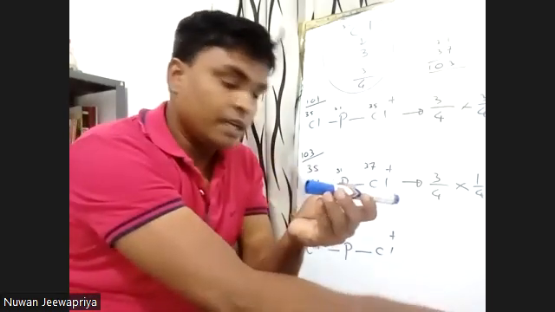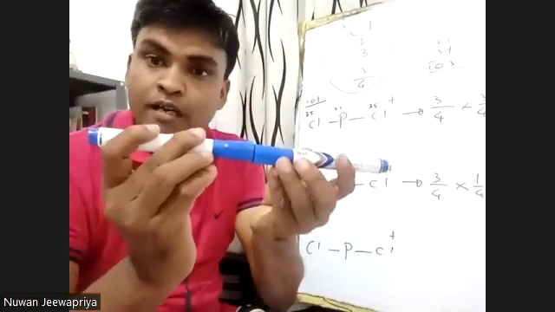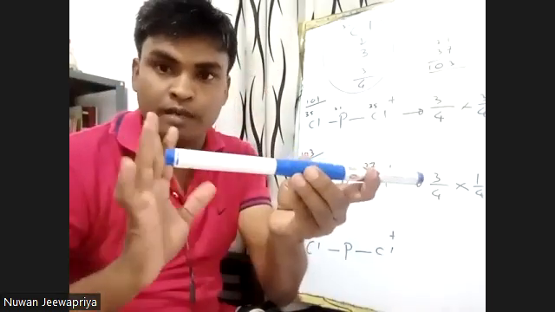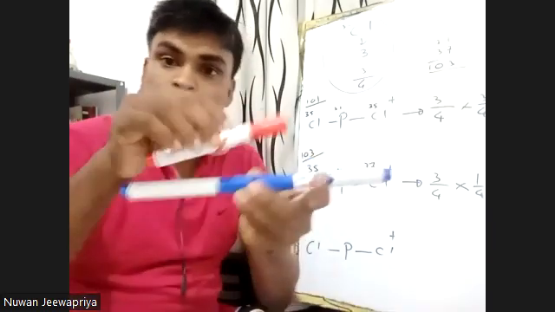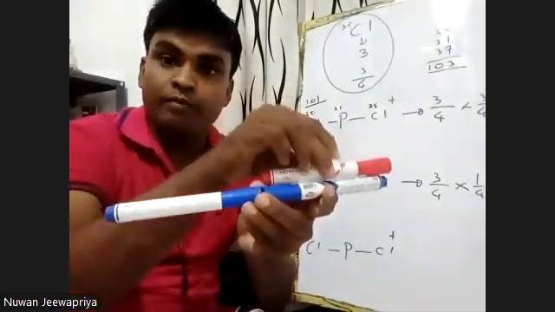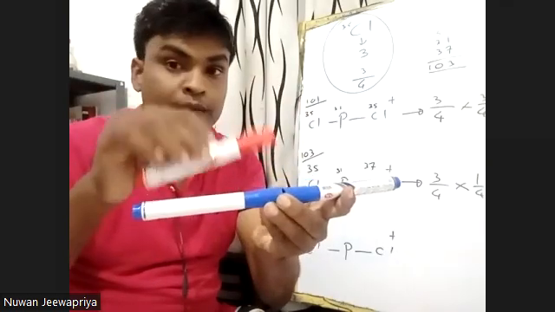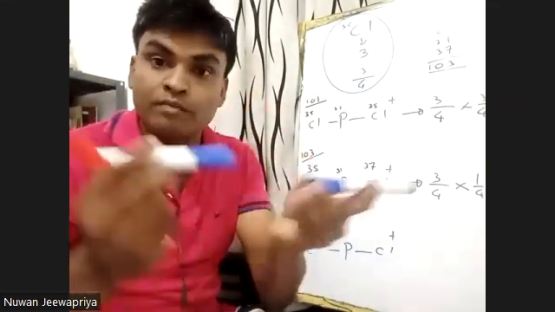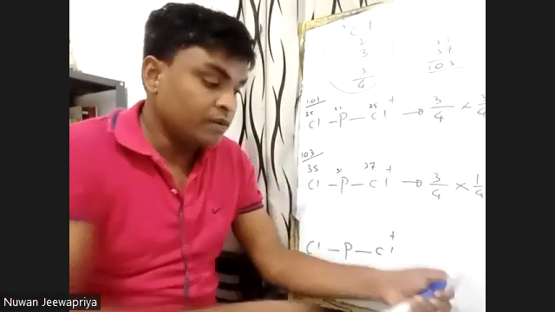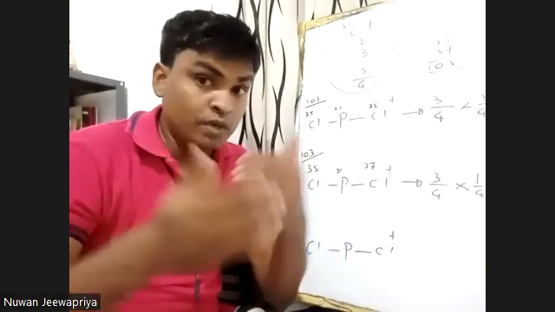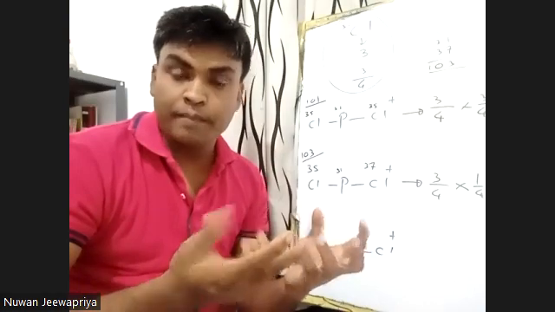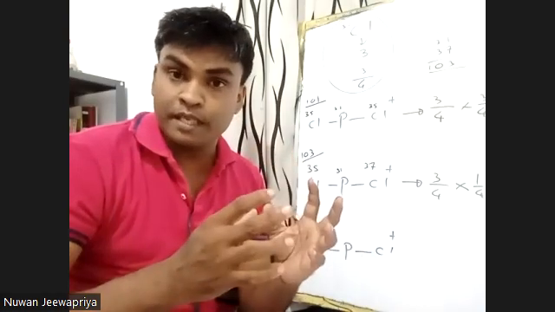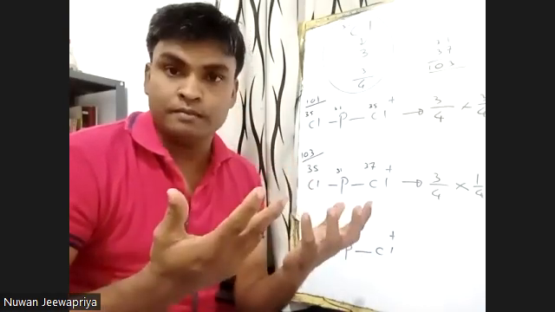When only one type of atom is there, the probability is not doubled. When a different one comes, what happens? The red-blue combination is 2 times that of the blue-blue combination. Now you can understand that when two different species are there, the probability doubles, right?